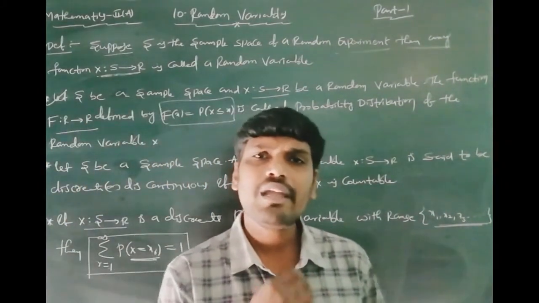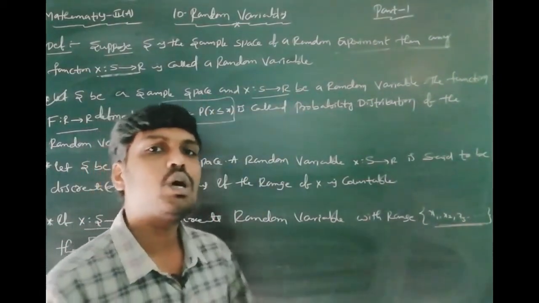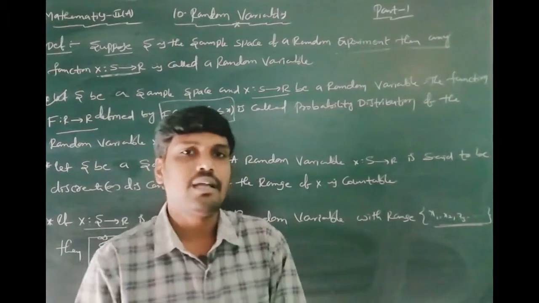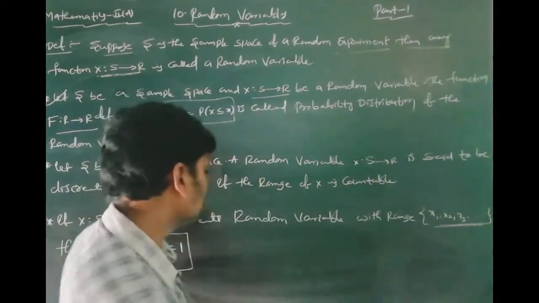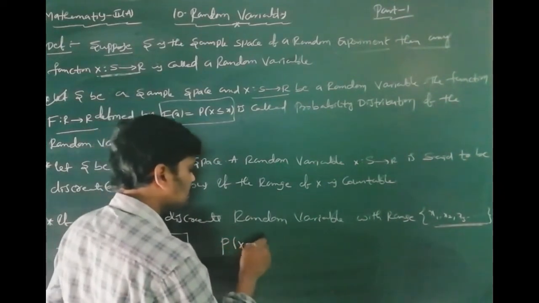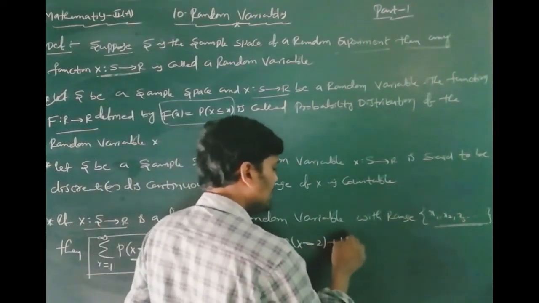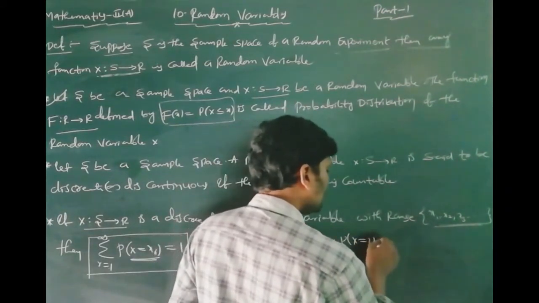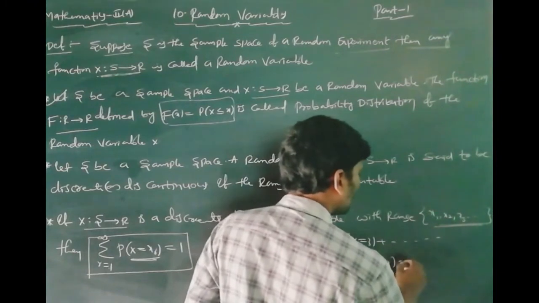What is the meaning of this? In this random experiment, n events are there. The sum of all events: first event probability, second event probability, third event probability and so on, up to the last event.